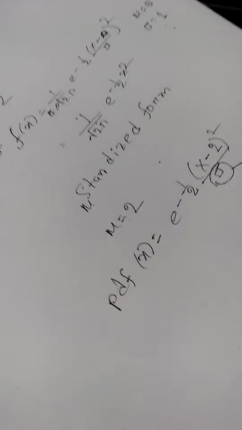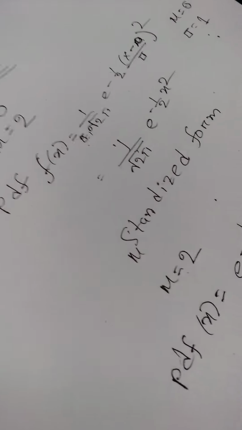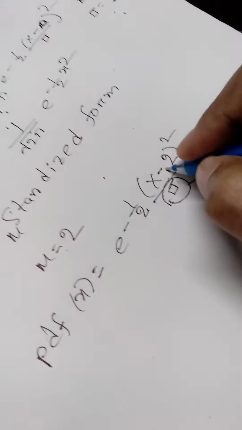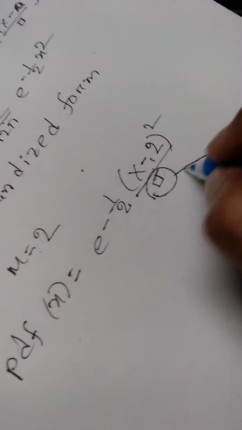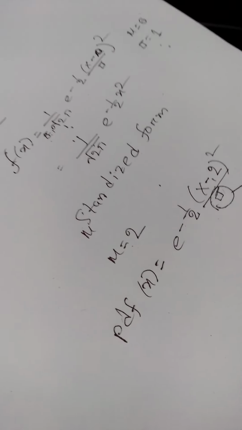What is the effect of the location model? This is the standard PDF, and the change from the standardized PDF when we add mu in our location model is the effect of the location parameter.